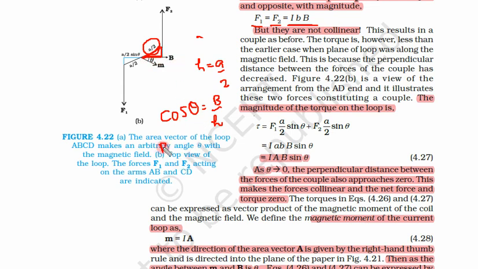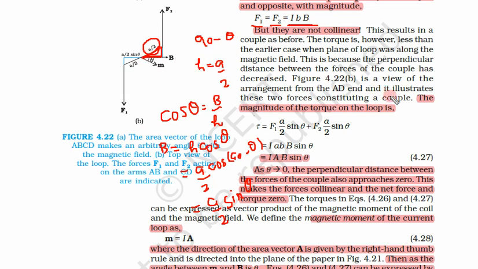What is base? Base is equal to hypotenuse into cos theta. But theta here is 90 minus theta. So hypotenuse is a by 2 and cos theta is cos of 90 minus theta, and cos of 90 minus theta is simply sine theta. So a by 2 sine theta.